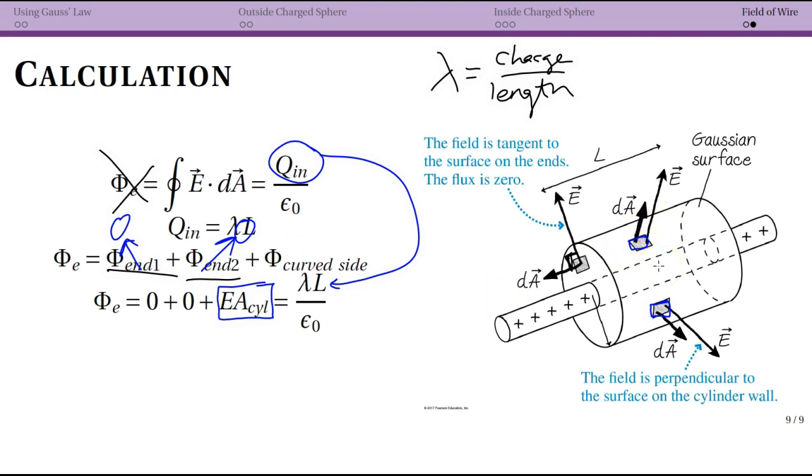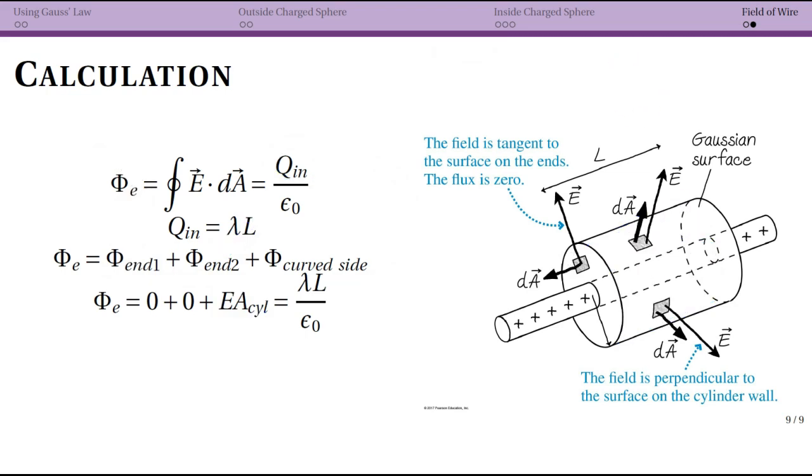This is where you again have to think carefully about what you're doing. It's not the total surface area of the entire cylinder because we're not interested in the ends at this point. A cylinder here is only talking about the curvy bit. It's not talking about the ends. And so when you go to calculate that, be careful, don't add in additional area.